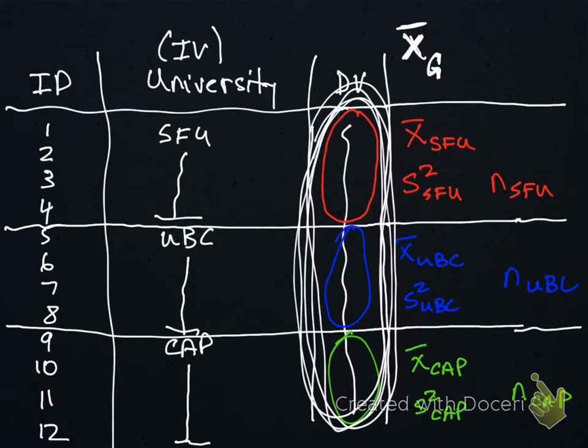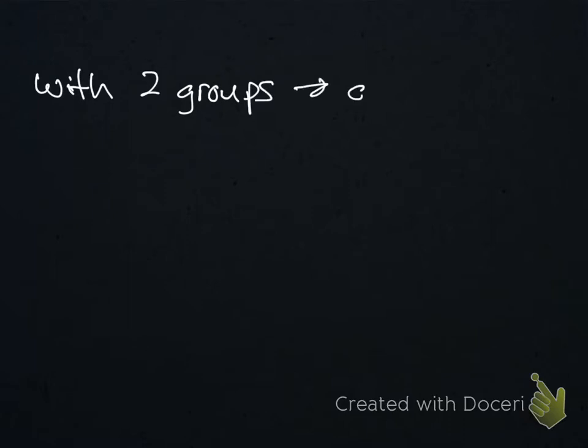So moving on, let's talk about why we need to actually do this new type of test in the first place, why we can't just run a bunch of t-tests instead. We saw last week, or maybe the week before, that with 2 separate groups, we only had to make one comparison among those groups, statistically speaking. To put this into context, imagine we wanted to compare SFU and UBC.